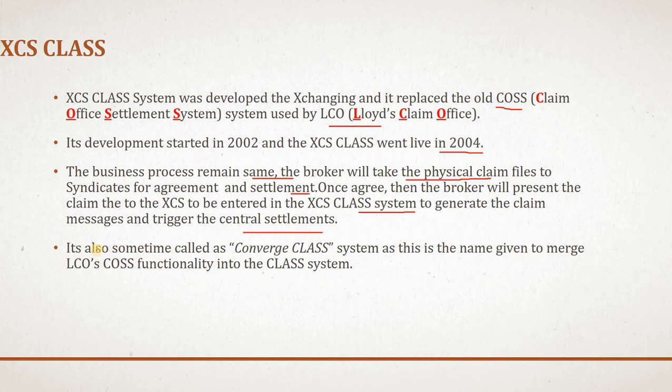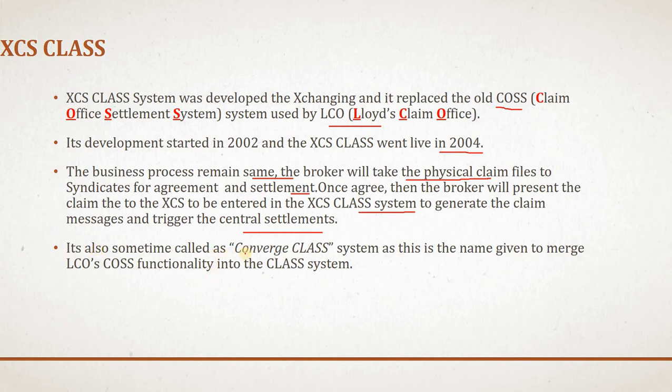When we talk about the XCS CLASS system, the process remains the same. The broker will create the claim file and take it to the syndicate, the adjuster will review the claim file, and once everything is agreed by the syndicate, the claim file will be presented to XCS and an XCS technician will enter the claim into the XCS CLASS system.